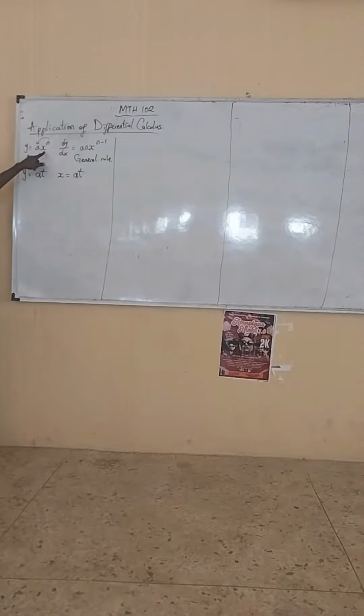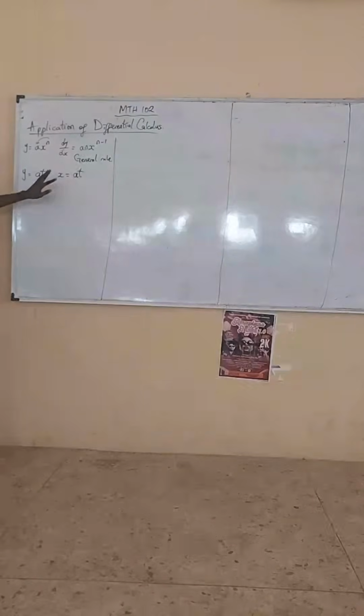I know we have 2 types of variables, which are the dependent and the independent. Y depends on whatever x is. Y is the dependent variable and x is the independent variable. But in this case, we have 3 variables, all depending on t.